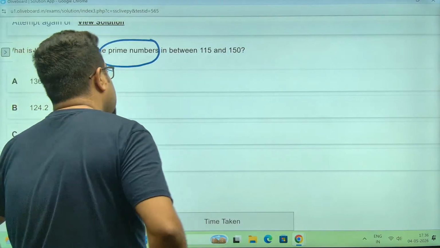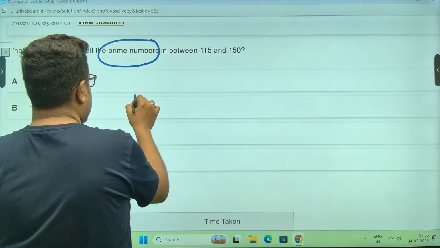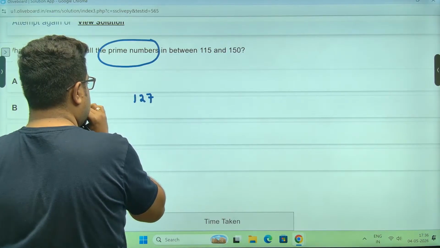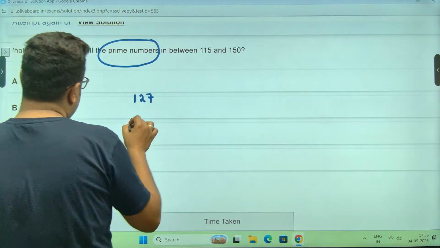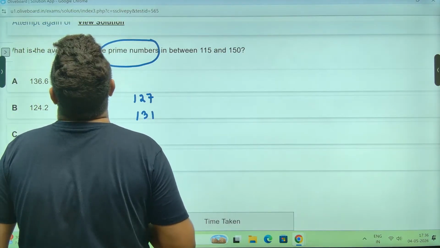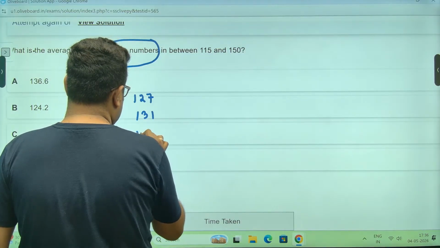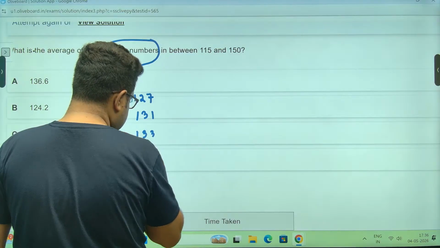No. 125, no. 127, yes. 131 is a prime number, I know. 133? Yes, 133 also. 137 is also prime, I know.